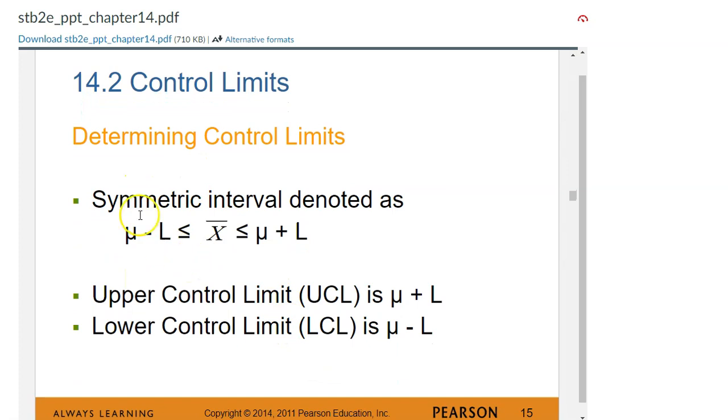The formula is a symmetrical interval denoted as follows. So what is XBAR? XBAR, if you remember, is your average. For example, we have the average of each week, right? If you have 52 weeks in 1 year of data, for each week you get one average. Week 1, average 1. Week 2, average 2.